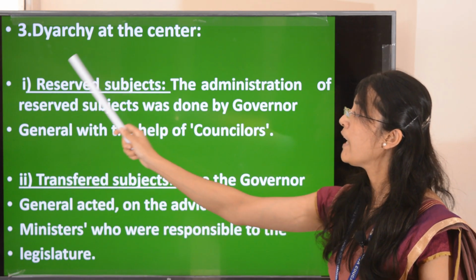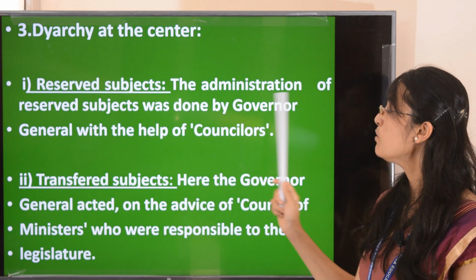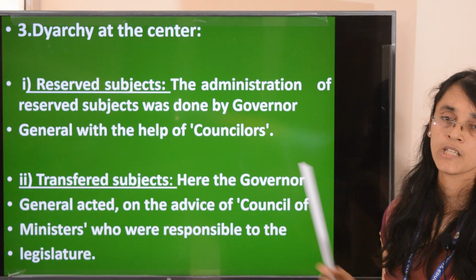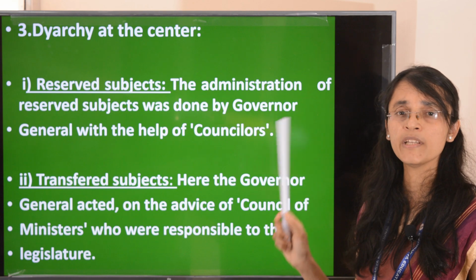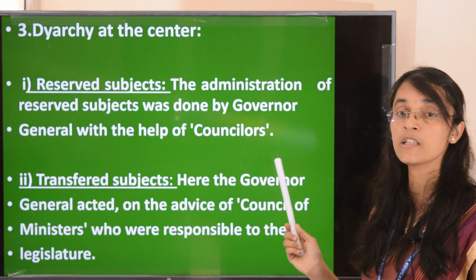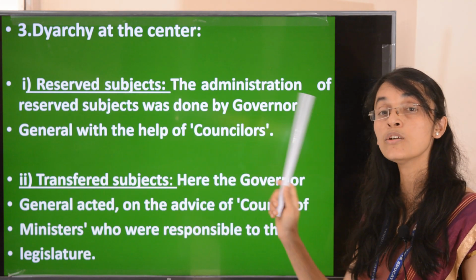The entire administration of reserved subjects was done by the Governor General with the help of whom here? With the help of the Council of Ministers. Here, the Council of Ministers were appointed by the Governor General. So, these Council of Ministers were answerable to the Governor General and not to whom here?